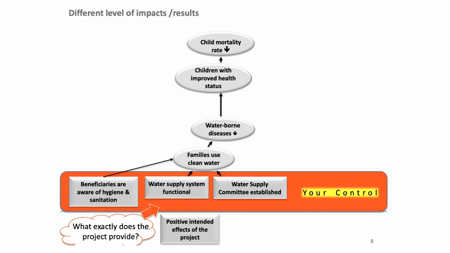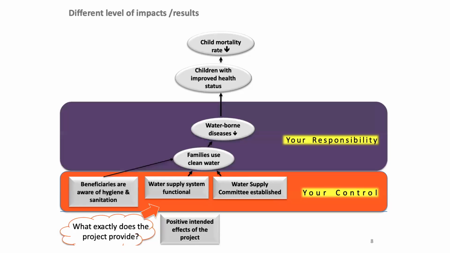Everything else, what happens afterwards, as further change, is something which is not under your control. And impact orientation means now that, however, it is your responsibility that this is going to happen. And only if this happens, then your project will be classified as successful. So a project has to be aware whether families use clean water or not.